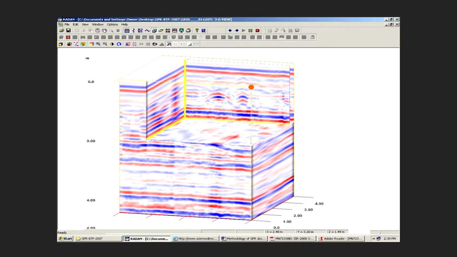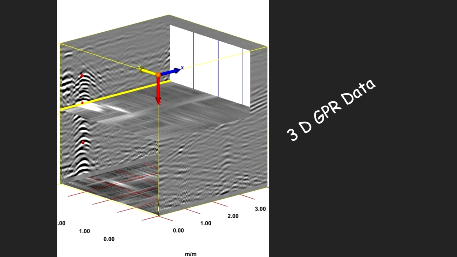As I told you, the beauty of having 3D profiles is that we can have multiple slices, and we can know at what depth a particular structure or utility lies, and even the depth to which it goes, plus the dimensions of the utility or structure.